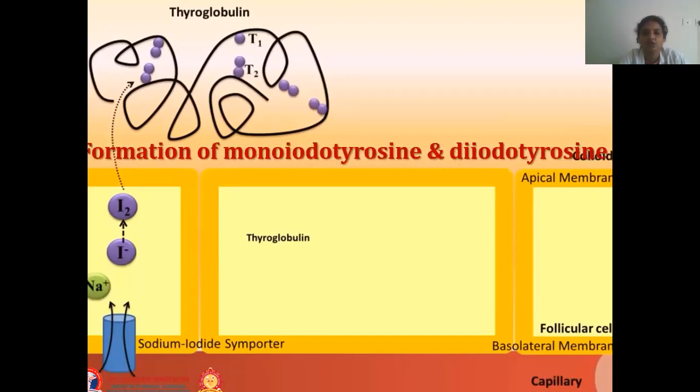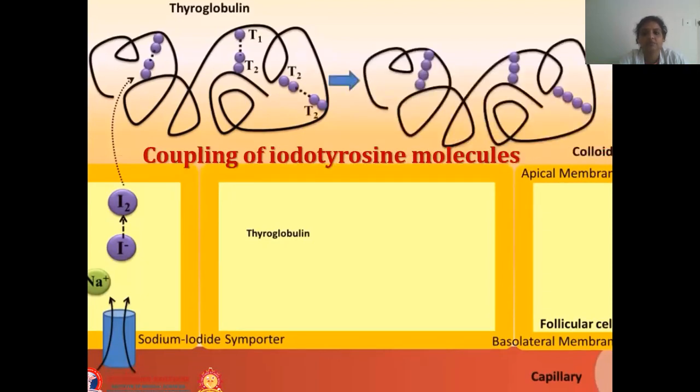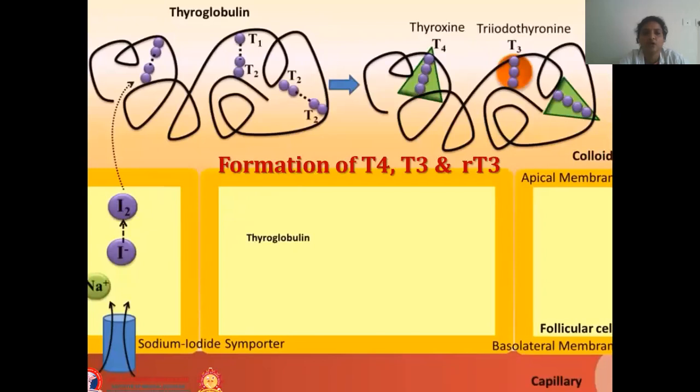And there is formation of monoiodotyrosine and diiodotyrosine inside the colloid. Next step is coupling of the iodotyrosine molecules and formation of T4, T3 and reverse T3 molecules happens.